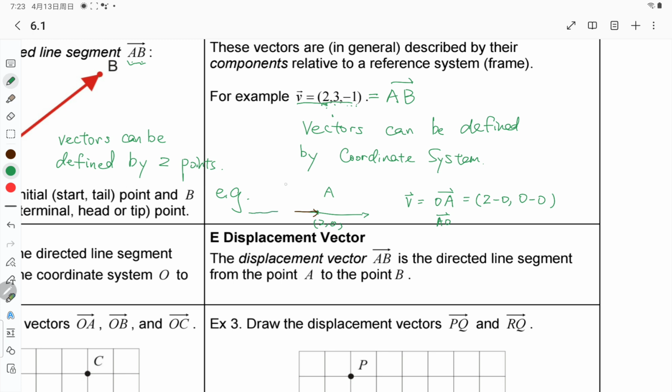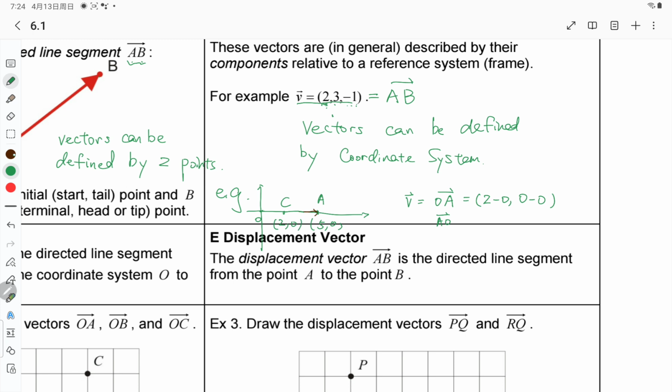Maybe I can change it a little bit. Let the origin be here, and this is my A, and this is my C. So A is at (5, 0), and C is at (2, 0).